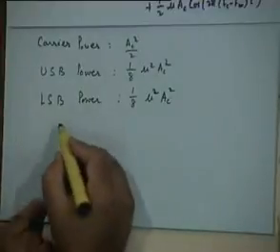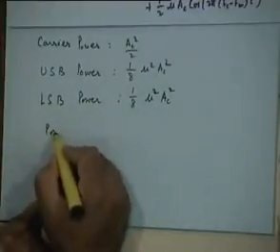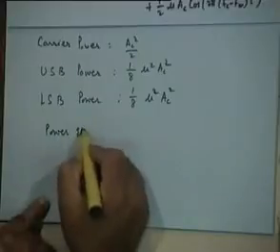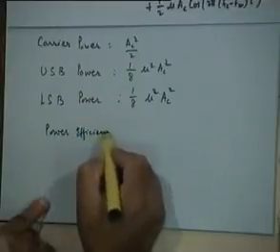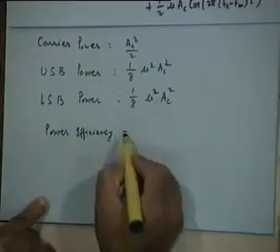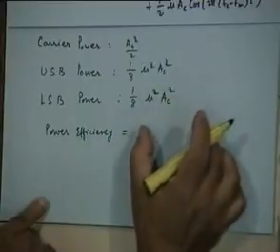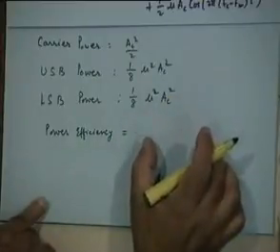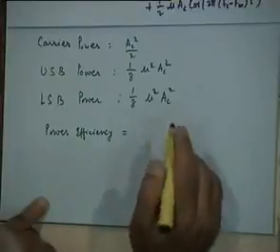And then you can calculate the power efficiency now. What is power efficiency? How should we define power efficiency? The useful power transmitted as a fraction of the total power transmitted.